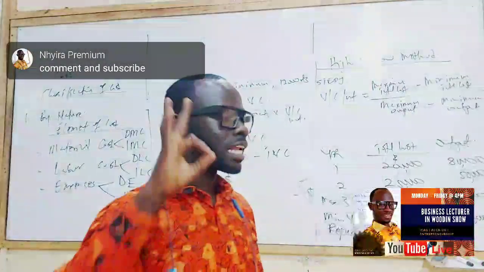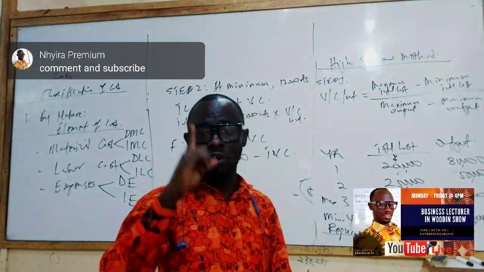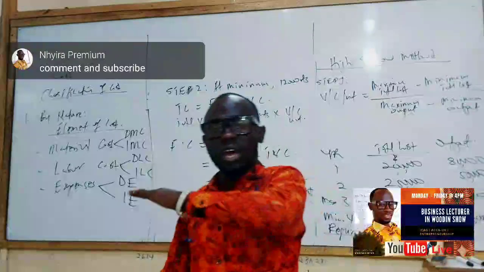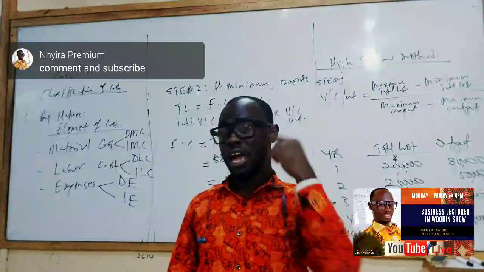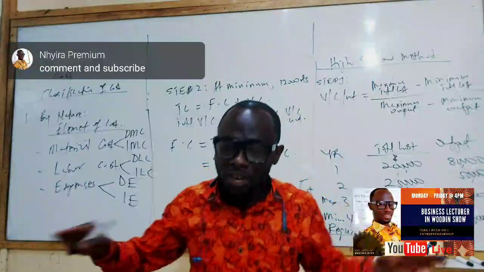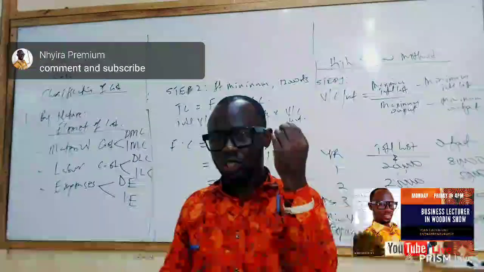Now remember, there are two assumptions that you're going to be using to solve such a question. Number one, fixed cost remains the same irrespective of the output level. And number two, variable cost per unit remains the same irrespective of the output level. So let me take that again. These are the two assumptions we use.